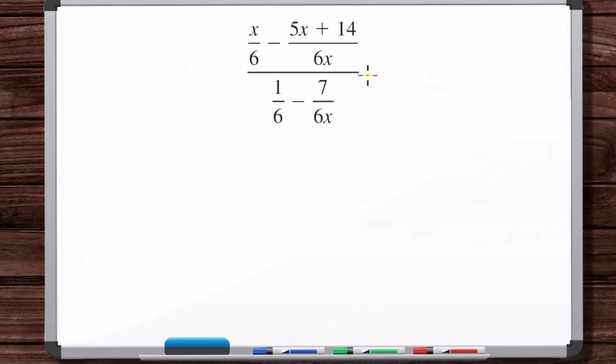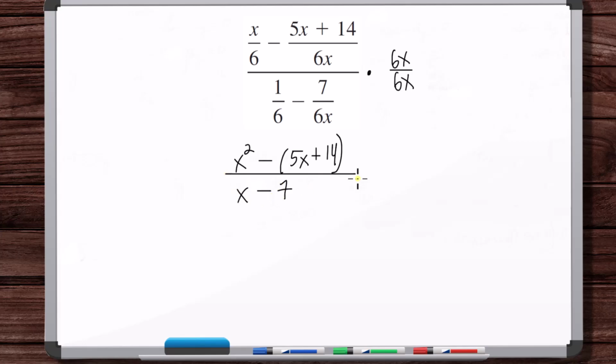Okay, I like the least common denominator method. I'm just going to go ahead and use that. So we need to multiply by 1 in the form of 6x over 6x. So we're going to get x squared minus, and then we have to do like that, right? Put the minus in front of everything. And then we're going to get x minus 7.